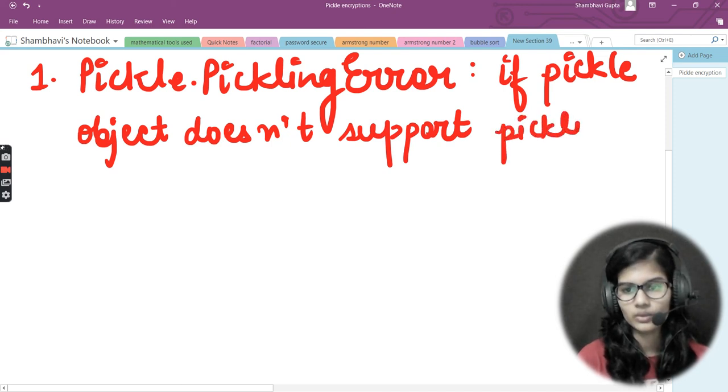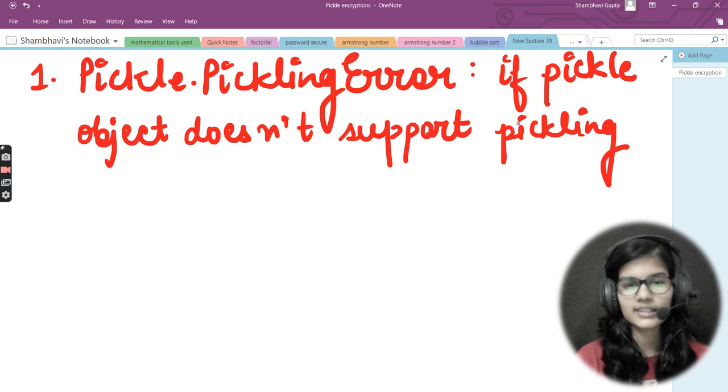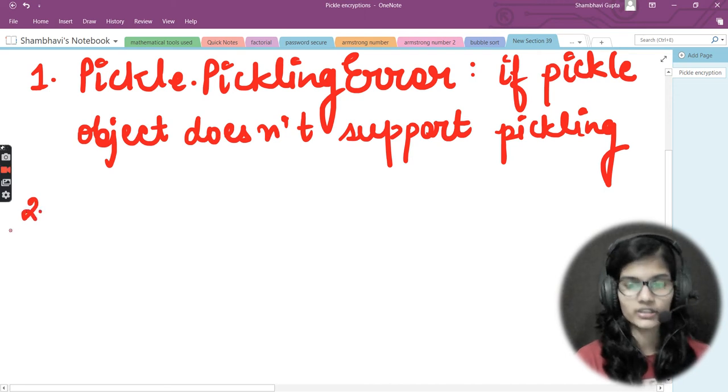Just make sure to write out the word object here as well. Okay, this is how we note that whenever we get an exception like pickle.PicklingError, you must understand that the pickle object is not supporting the pickling technique which you are using. So change some object name or something like this, just do whatever is relevant in that case. This is the very first exception that occurs.